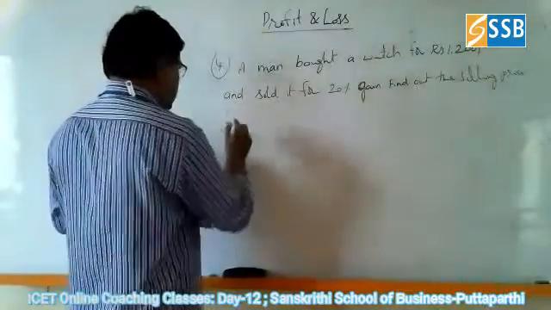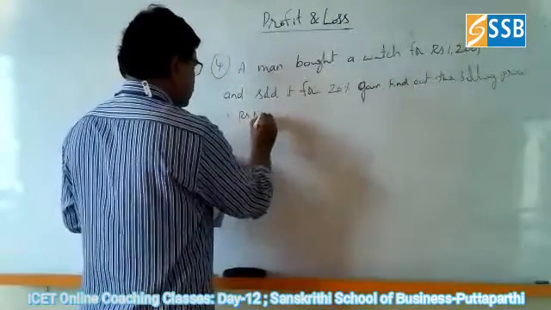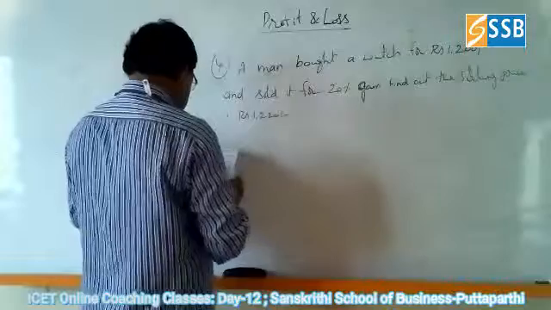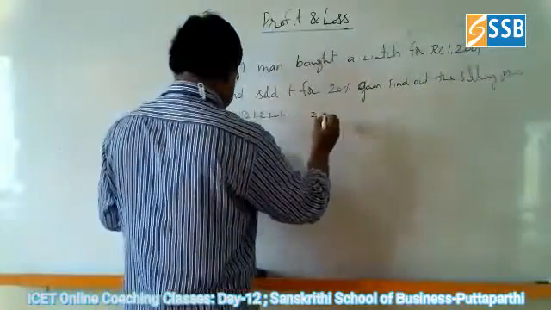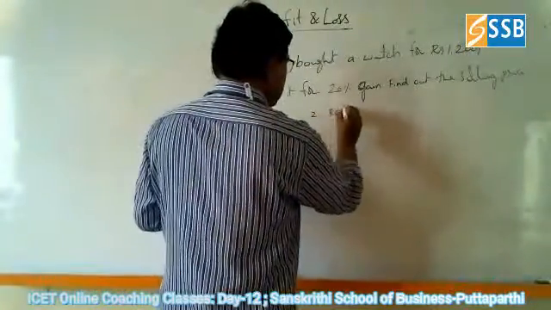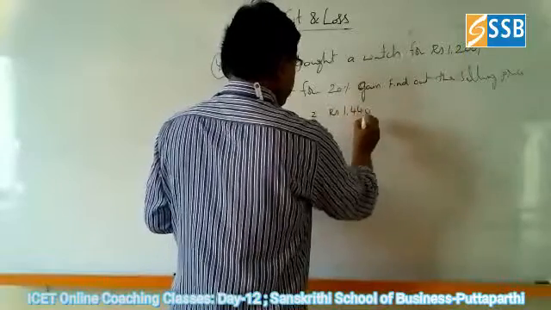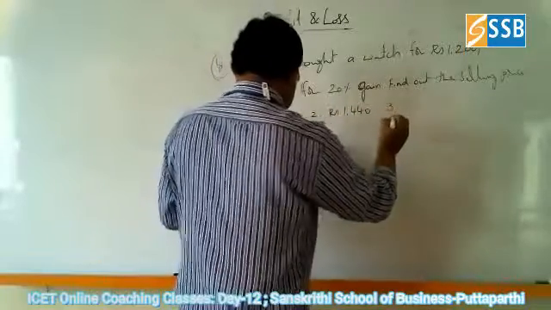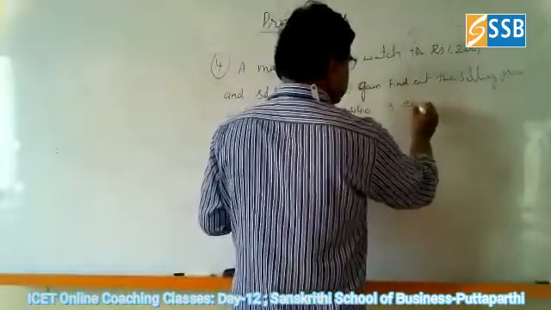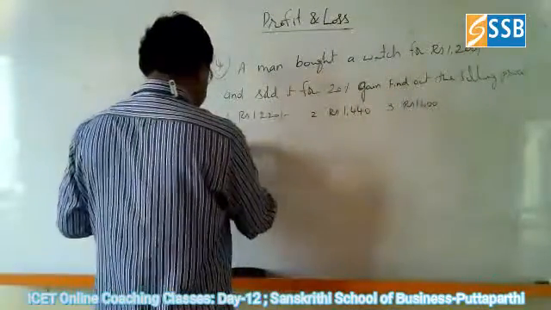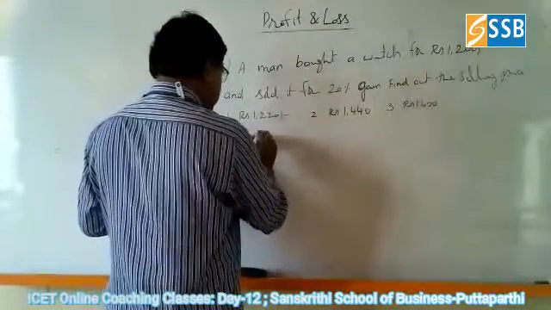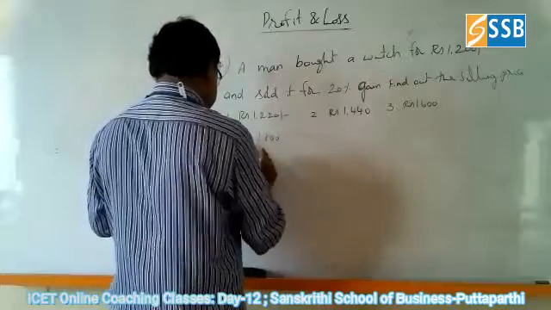So first one, rupees 1220. Second option, 1440. Third option, rupees 1600. Fourth one, rupees 1800.